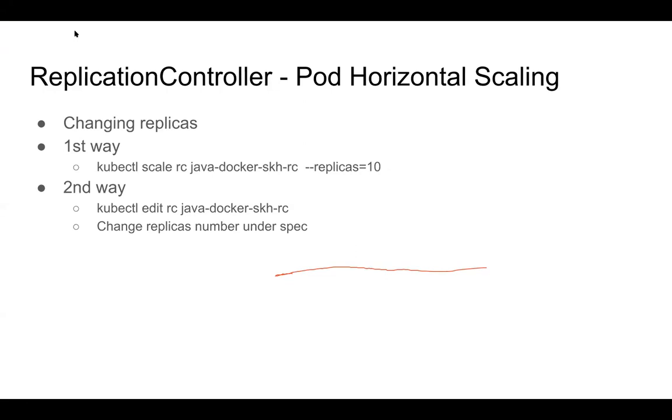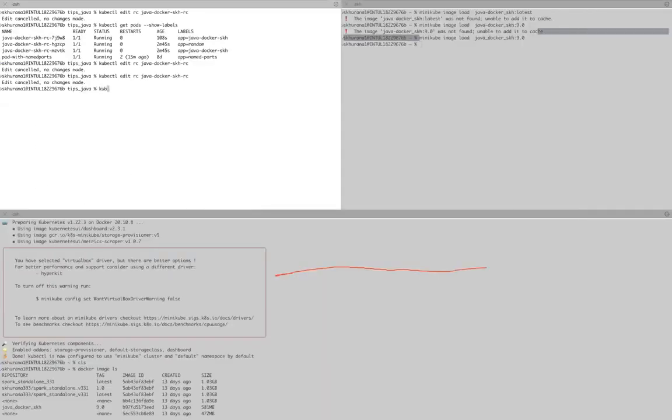How do you do horizontal scaling of pods? You can change the number of replicas using this command to any number of replicas you want. But I discussed that you can do it using edit also. You can change the number there. We'll do both and see what happens. So right now, kubectl get pod, show labels.